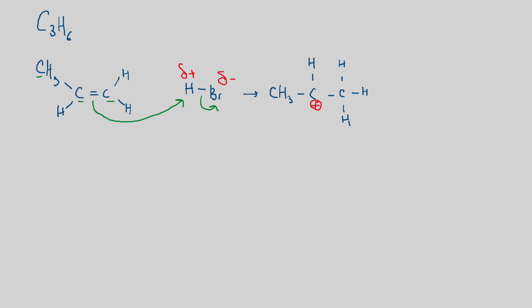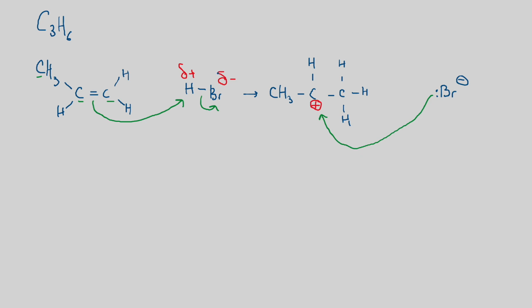So this will form a propyl carbocation. And remember, in our solution we have bromide, which has negative charge because of the lone pair. So this lone pair, being electron rich, attacks the electron deficient carbon which has positive charge.